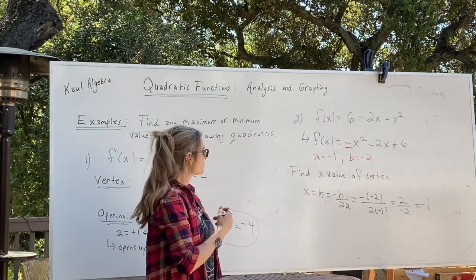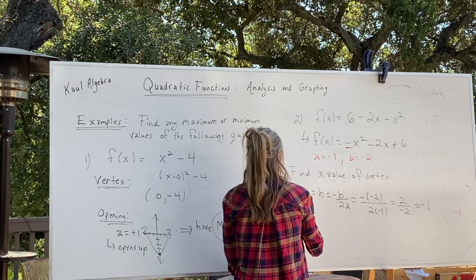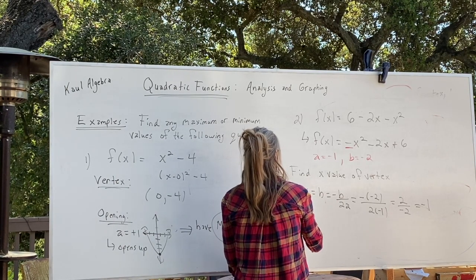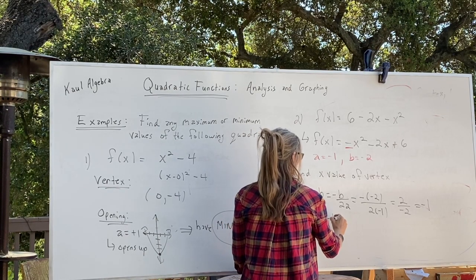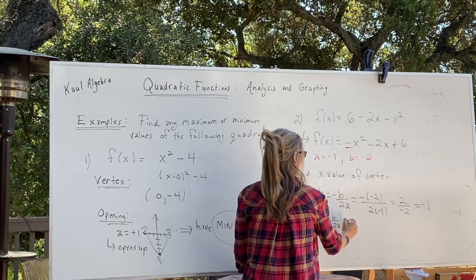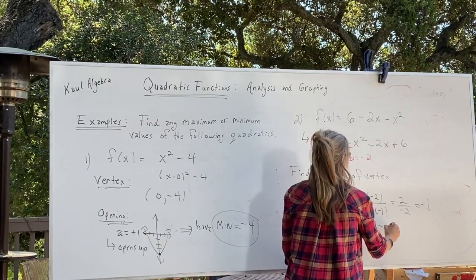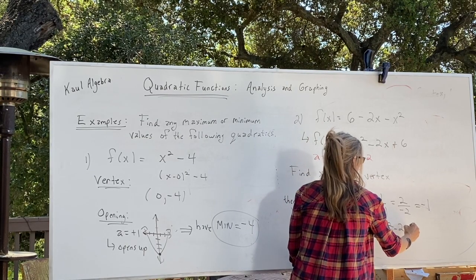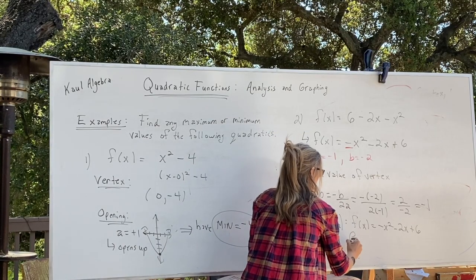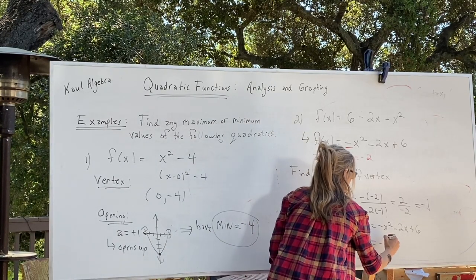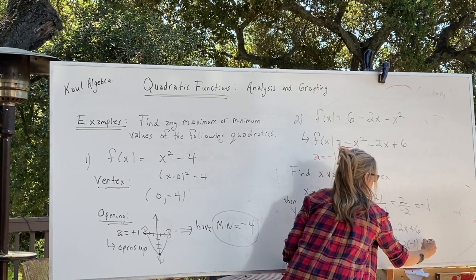So the x value of my vertex is negative 1, and then the y value, y, which equals k, will equal f of negative b over 2a. And in this case, since I have f of x equals negative x squared minus 2x plus 6, then I'll have f of negative 1 equals negative 1 squared minus 2 times negative 1 plus 6.